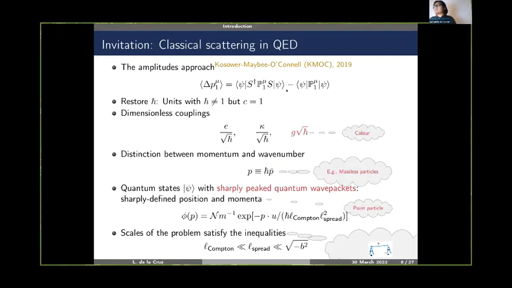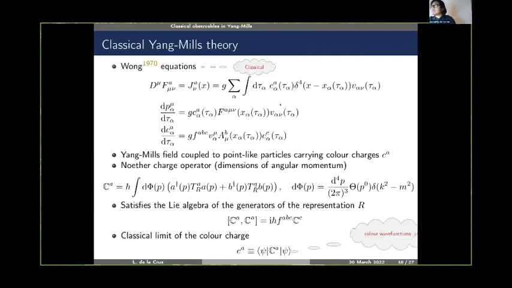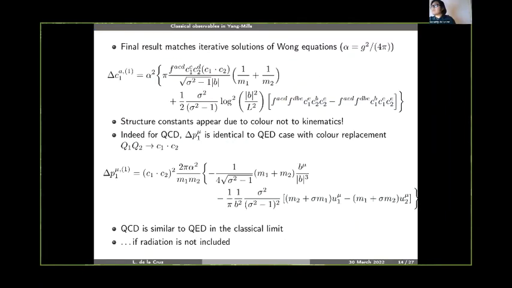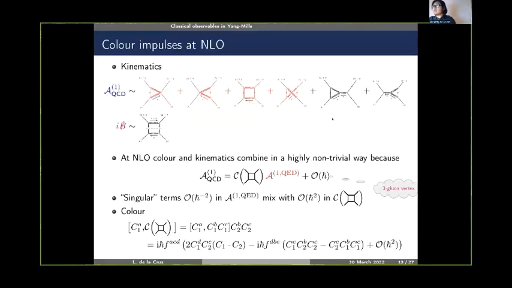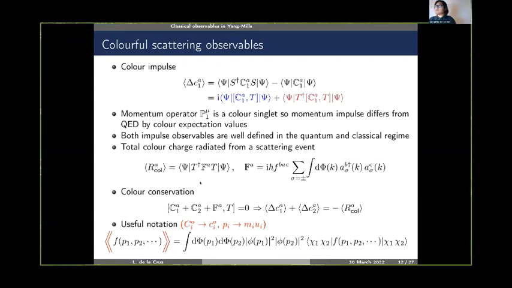So if in my final state, for example, I also allow some radiated momentum, in that case I can also think about the expectation value of a radiated momentum operator, which is similar to what I did here.